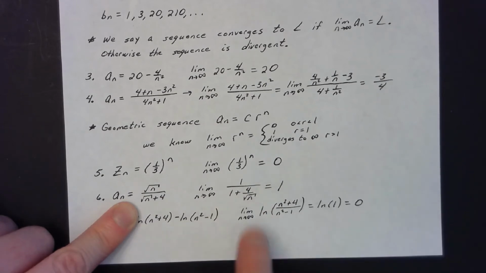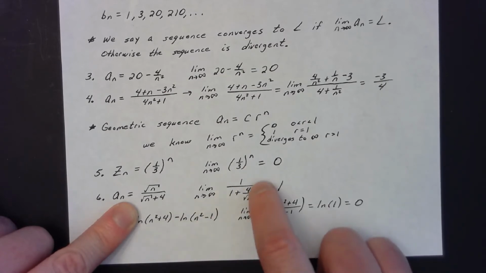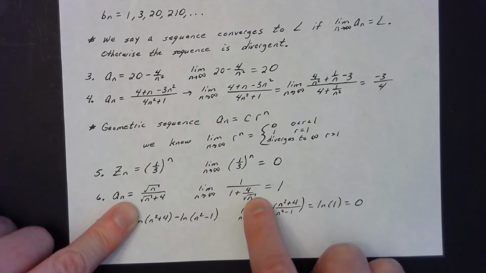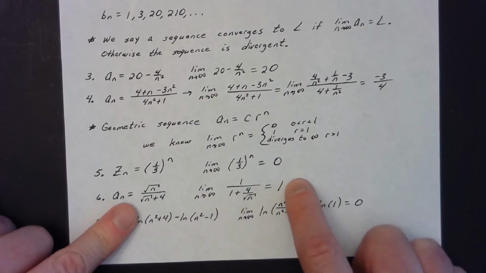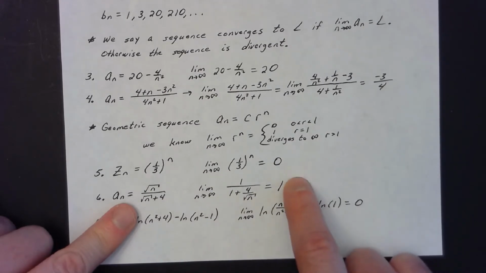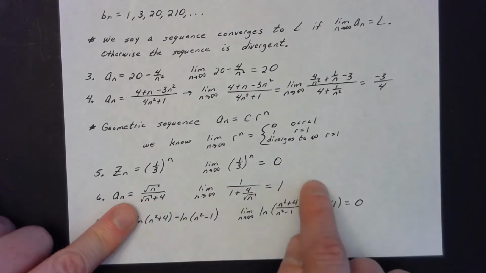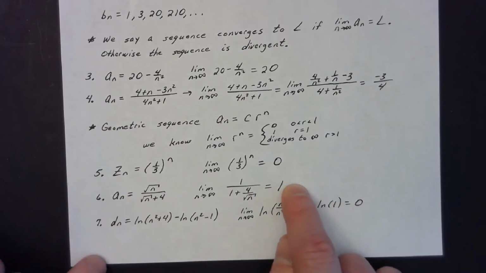But then it's very easy to see, okay, can I take the limit as n approaches infinity? Yeah. These two terms don't even have an n left anymore because it canceled out. This one becomes 4 over the square root of infinity. Well, the square root of infinity is still infinity. 4 divided by any infinite number goes off towards 0. So we just have 1 over 1 plus 0, limiting value of 1. And again, that means the sequence converges to 1.